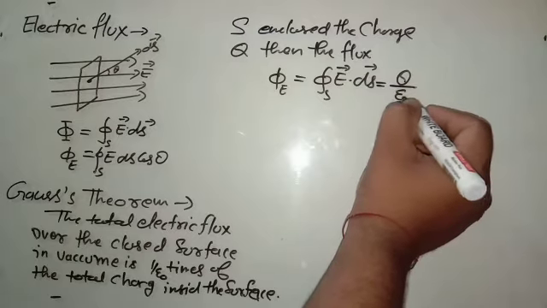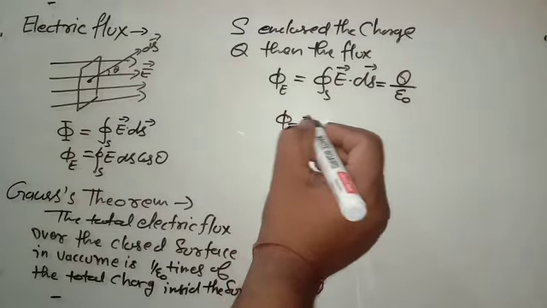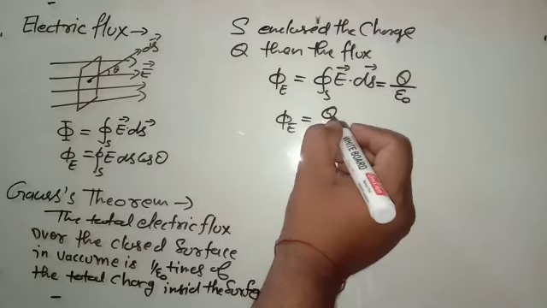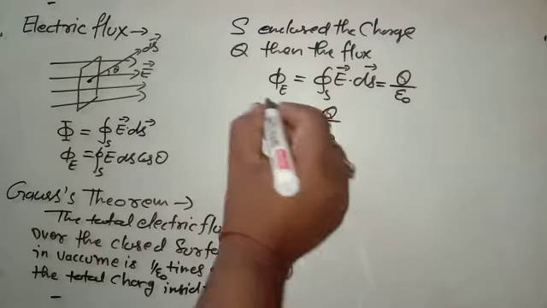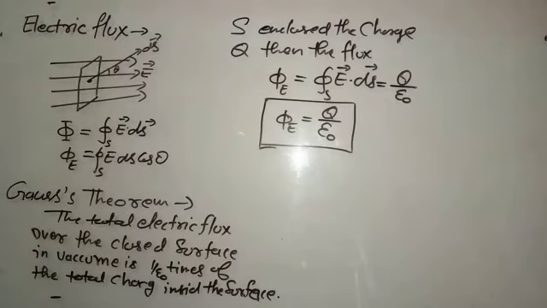So finally we can write phi is equal to Q upon epsilon naught. This is the mathematical relation of the Gauss law.